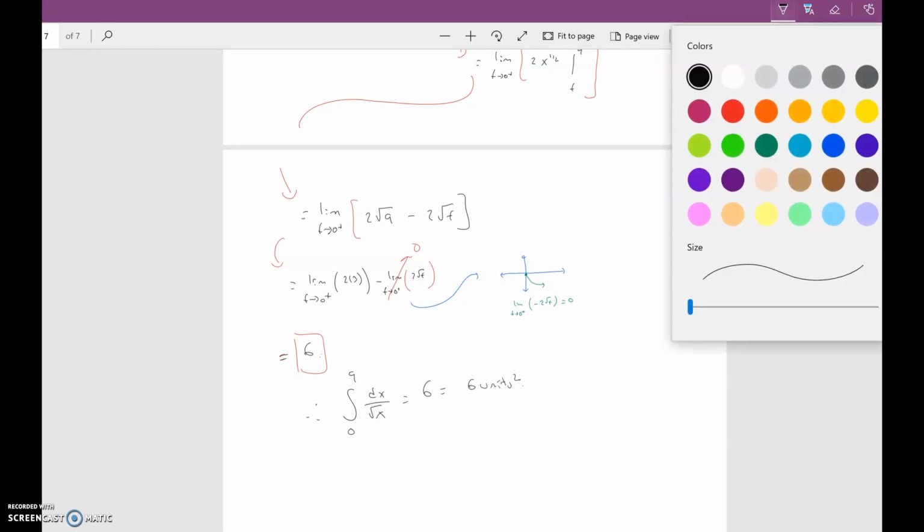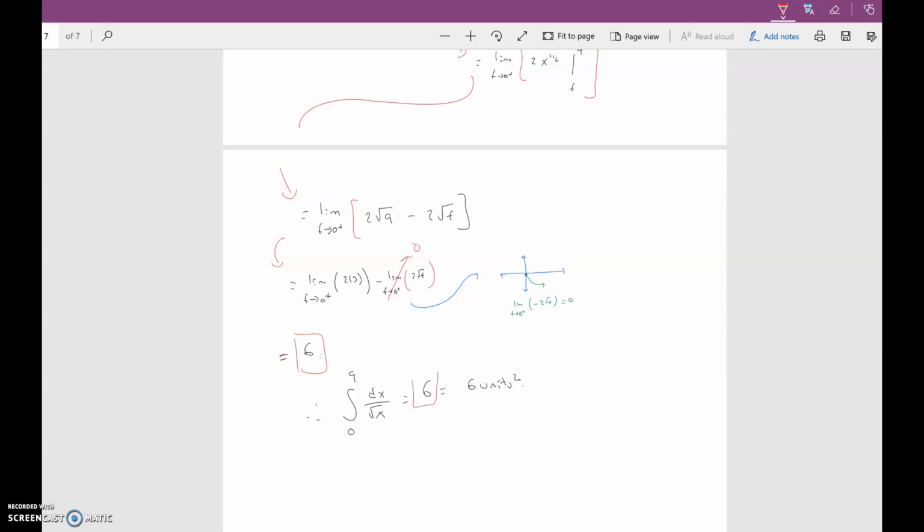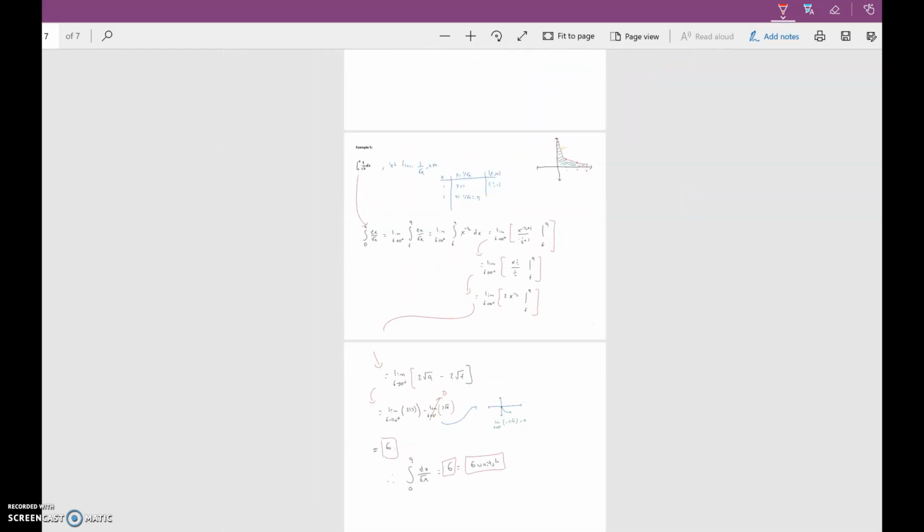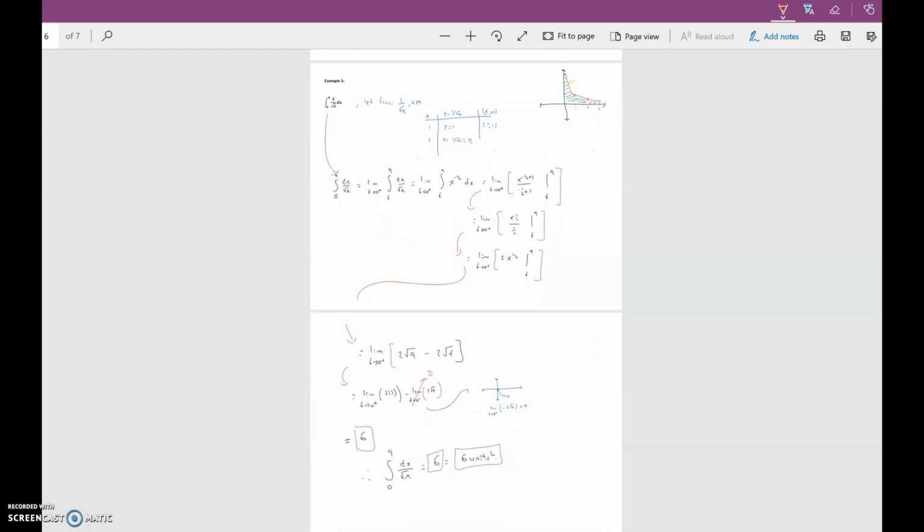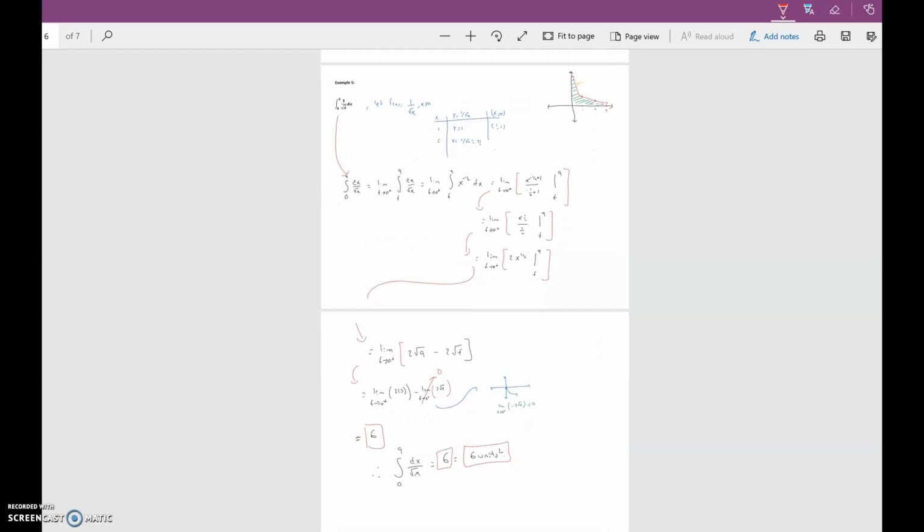It all depends on the context. If it says area, then yes, units squared. If it just says evaluate the integral, then the answer would be 6. And this one does converge. You are able to get the total area under the curve, even though it has an asymptote.